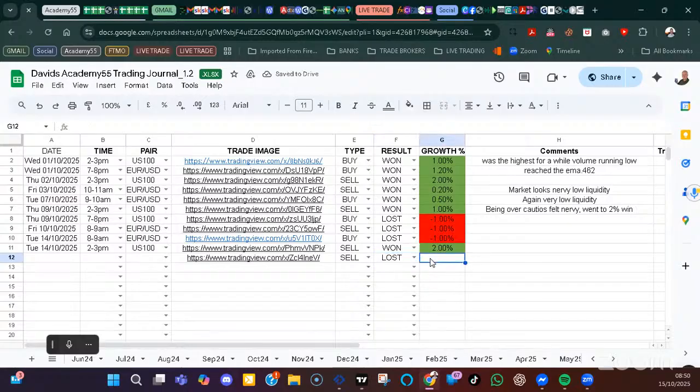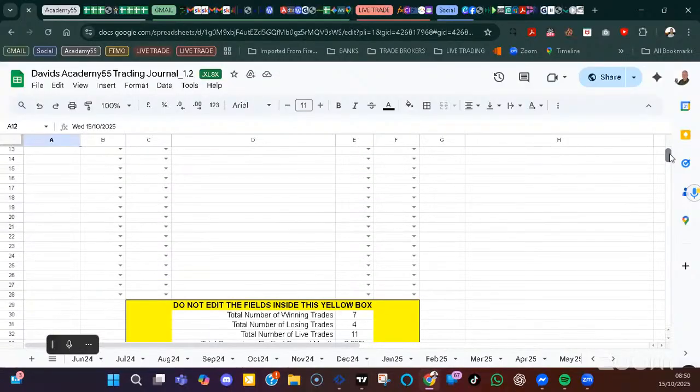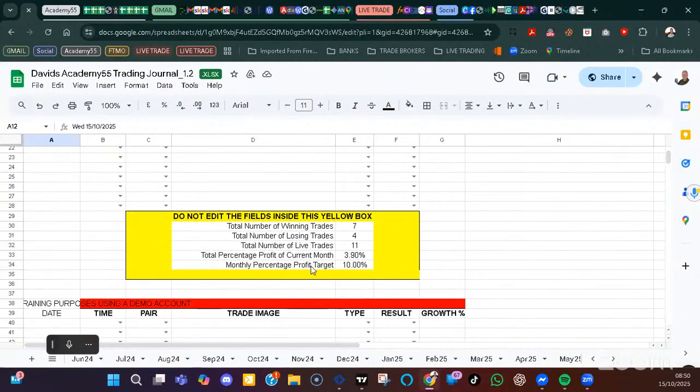I've got -1 on the EUR USD, between 8 and 9 on the Wednesday. Drag that one down. That shows Wednesday then. And there we go. So at the moment, I am 3.9% up.